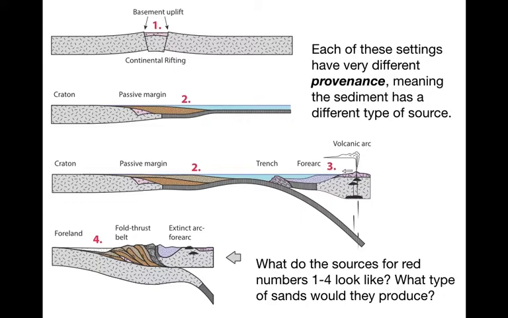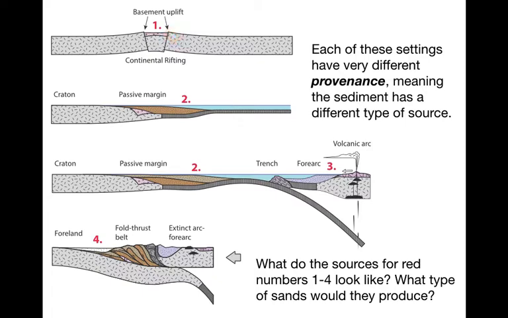Let's think about what types of sources might produce these different types of sand. So let's consider first a block of continental crust that begins to rift apart. Along the shoulders of the rift, you're uplifting crystalline basement rocks from the continent.